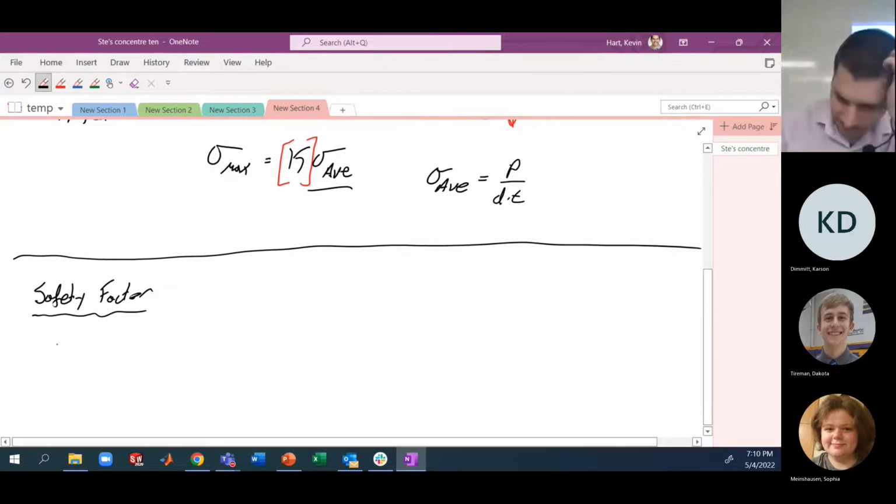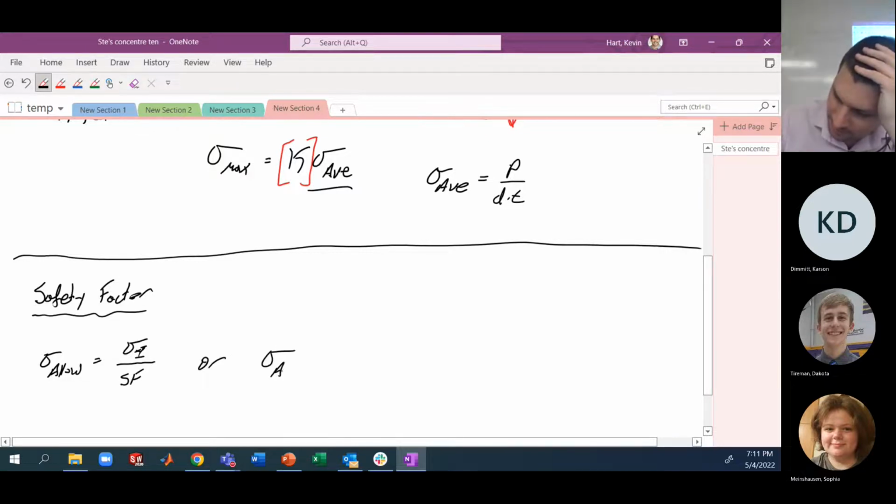So the general equation is that the allowable stress is either the yield stress, which we label as sigma capital Y, over SF, where SF is the safety factor. Or if you're protecting against ultimate stress, the allowable stress that you're going to permit is the ultimate stress normalized by the safety factor.